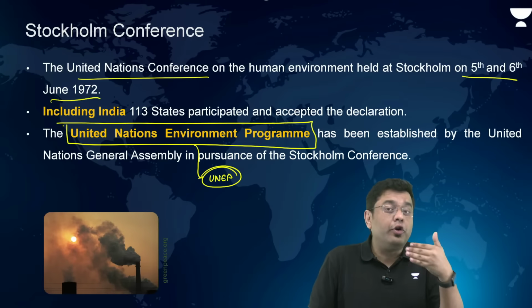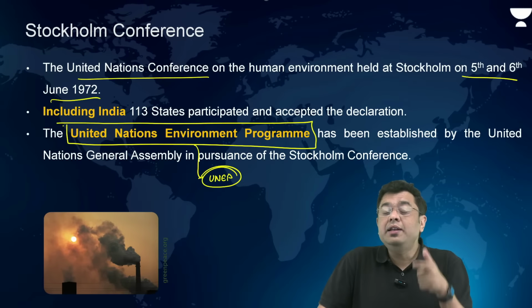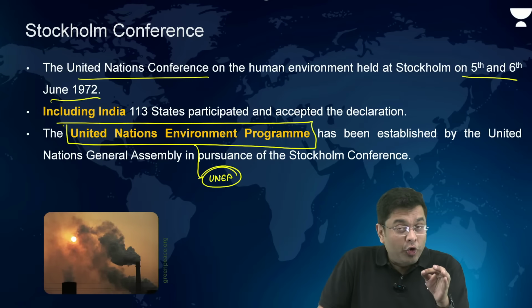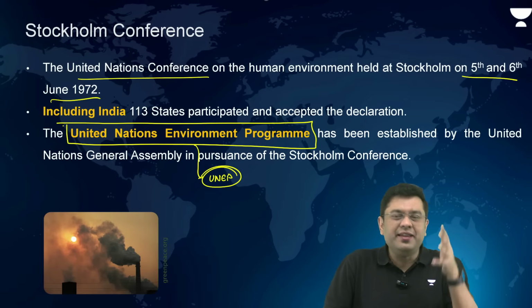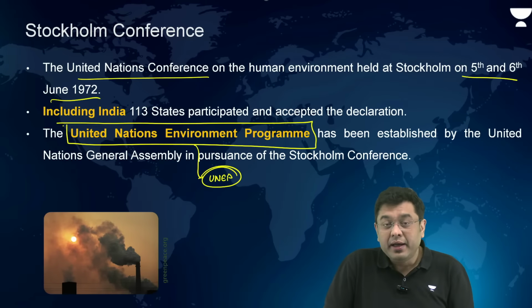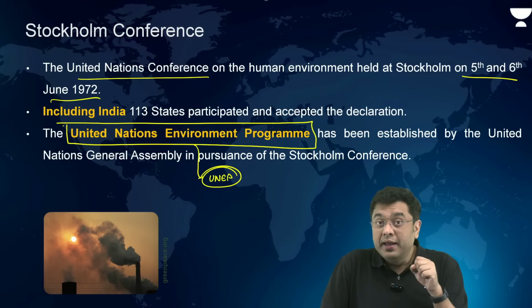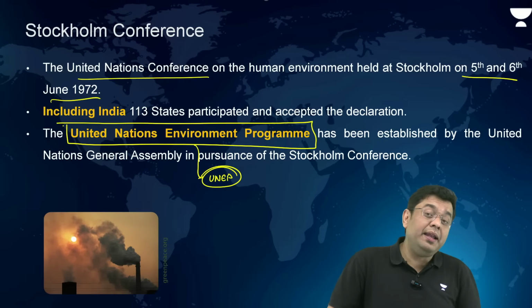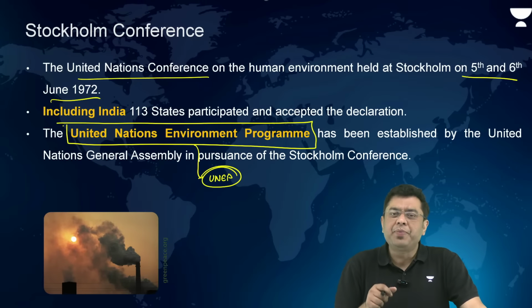As a consequence of this conference and the agendas discussed in it, see that India also passed the Wildlife Protection Act of 1972, then followed by Water Conservation Act of 1974, Forest Conservation Act of 1980, Air Prevention of Pollution Act of 1981, Environment Protection Act of 1986, and at the same time, in the case of the Water Act of 1974, India also set up the Central Pollution Control Board, or CPCB.